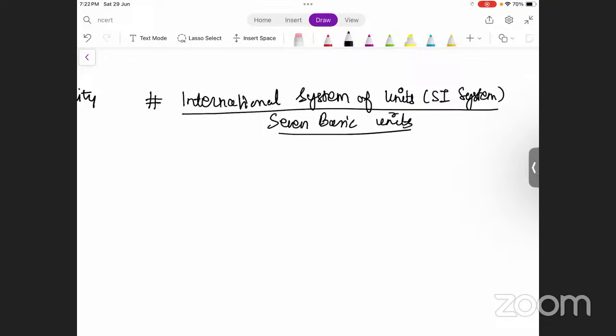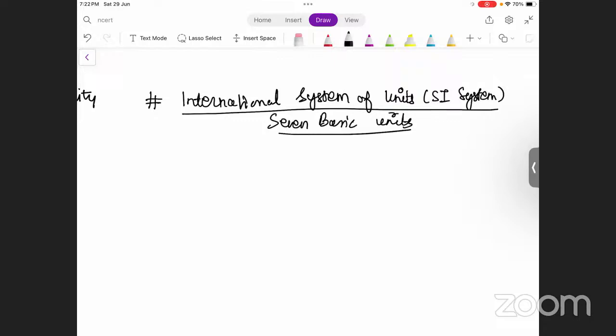Now the general question is, why am I learning about this particular system? We have to learn about this system so that we know the units used universally by all people.